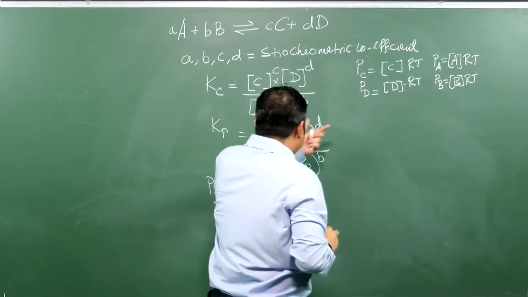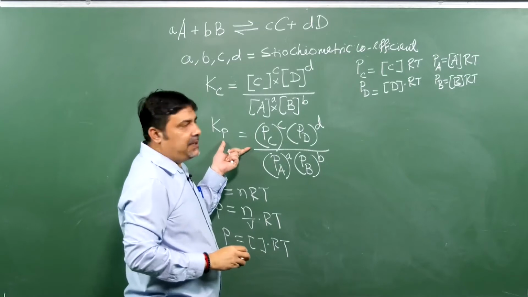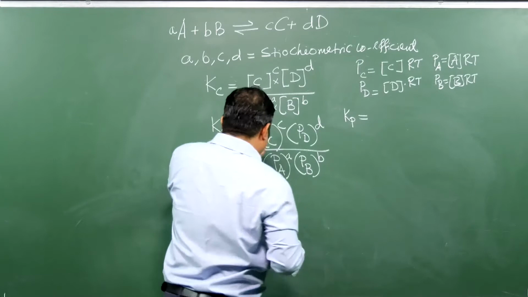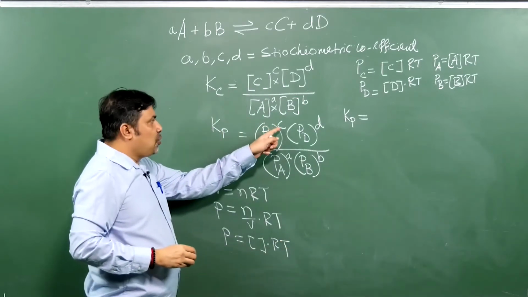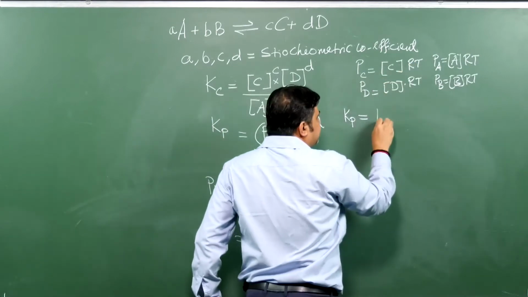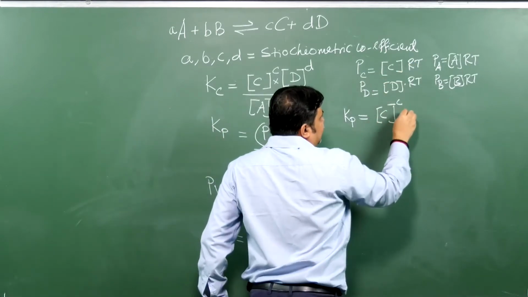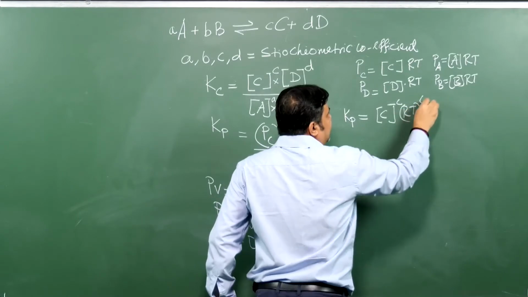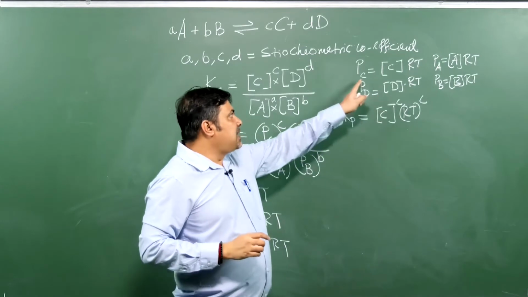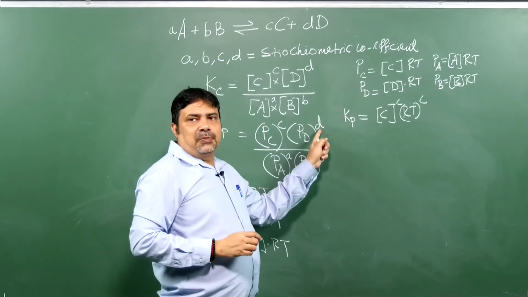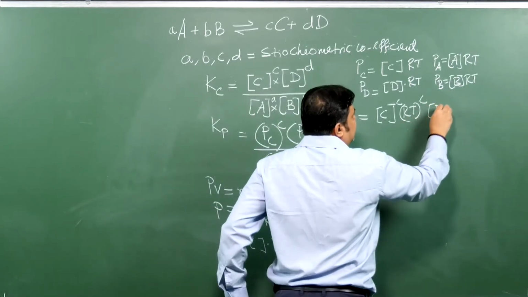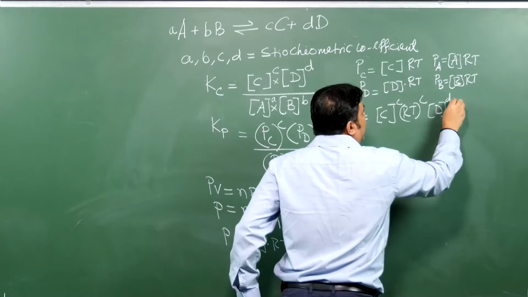Now I am writing this in the expression of Kp. We know Kp equals the partial pressure of C raised to the power of its stoichiometric coefficient, small c. The partial pressure of C is the active mass of C into RT, so we get (RT) to the power c. The partial pressure of D to the power small d gives (RT) to the power small d.